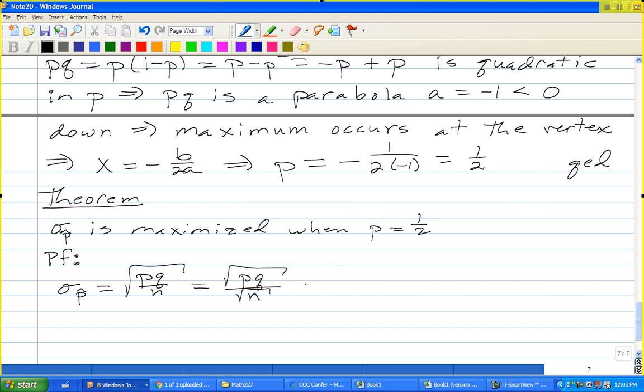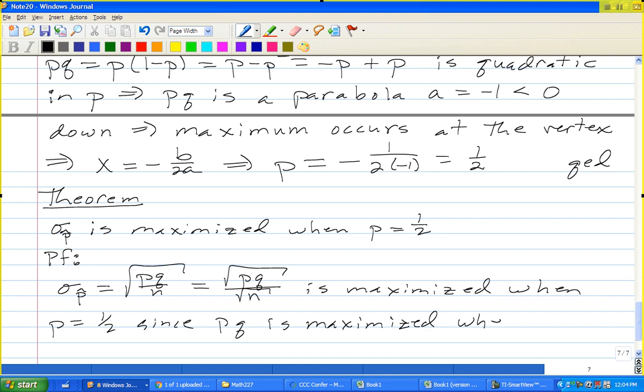And this is maximized when p equals 1/2 from the above lemma, since pq is maximized. And p equals 1/2 by the above lemma. And that's what we wanted to show. Okay.